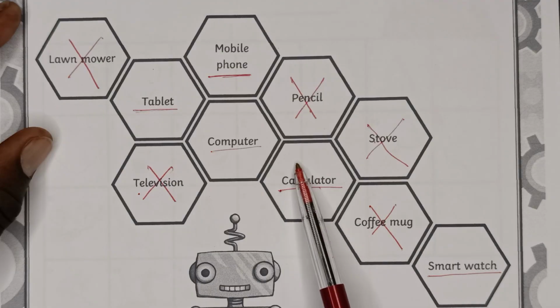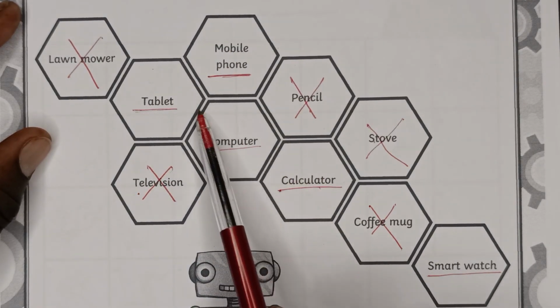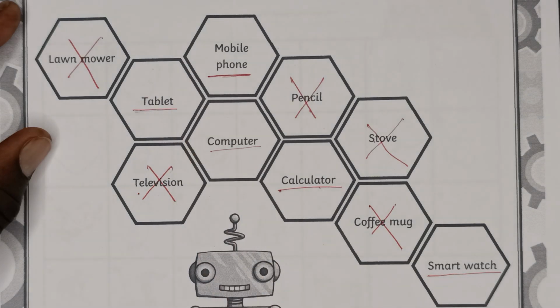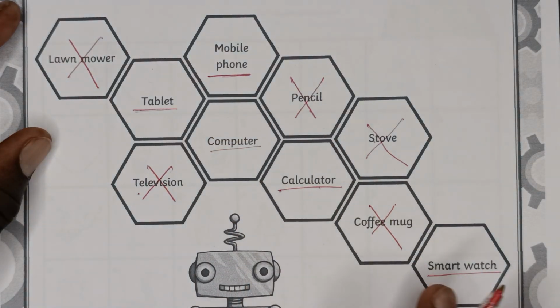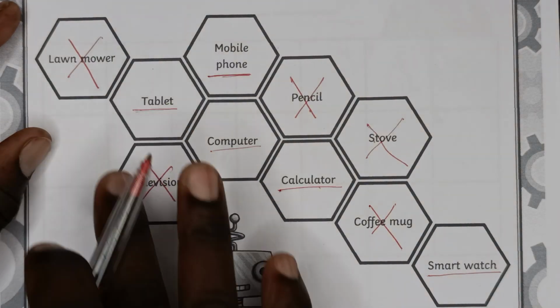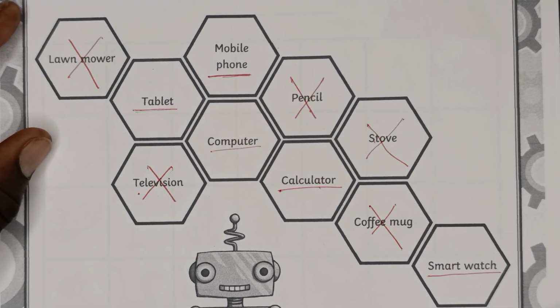That is one of the things you can use to identify if a device is a computing device or not. So these ones that we have crossed out are not computing devices.